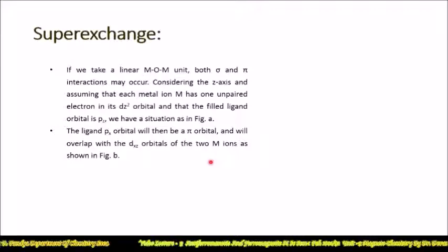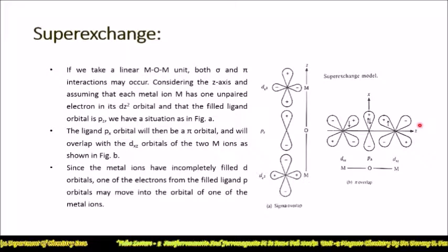You can see this sigma overlap between the dz square of 2 metal ions and pz of oxygen, and in the pi overlap we have the dxz orbital of the metal with px of the oxygen.